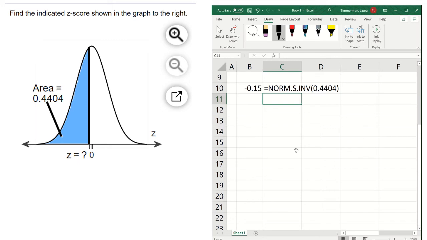In the future, if you have a normal distribution, you can take out the s, and then it'll just ask you for the mean and standard deviation of the normal distribution, and it'll do the same thing. It'll give you an x value that corresponds to a specific probability.